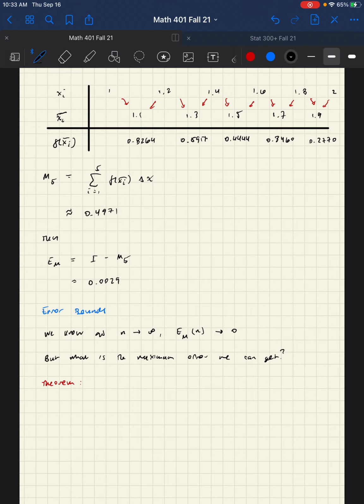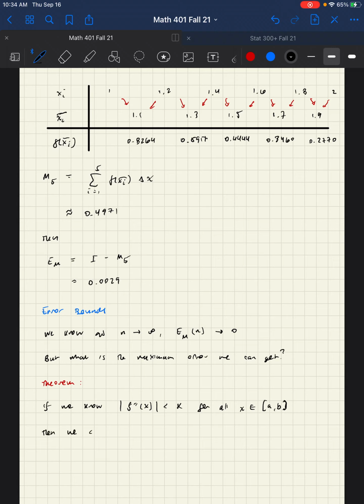We have actually a theorem that gives us an upper bound on the error that we can get from this procedure. So if we know that the absolute value of f double prime of x is less than some capital K, some number, for all x in that interval a to b.